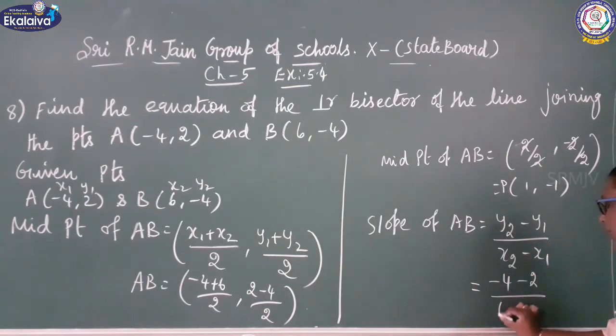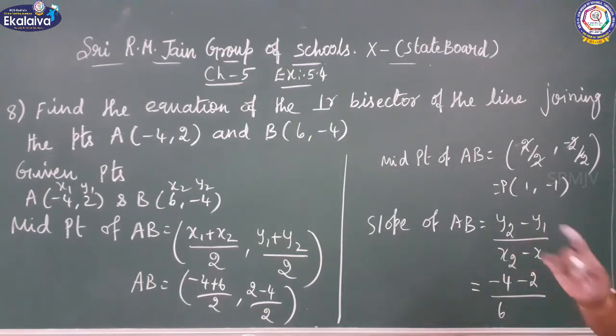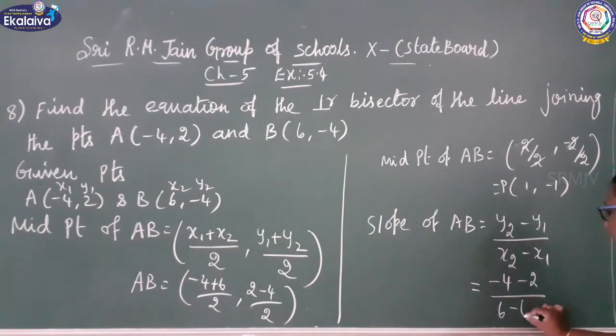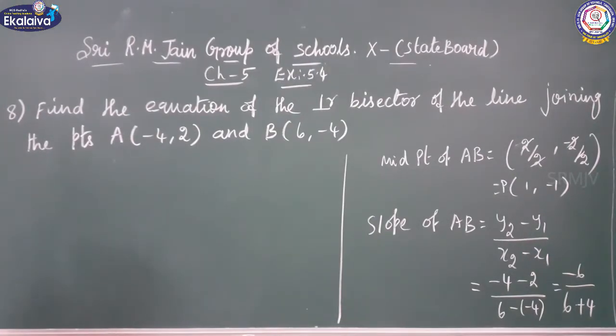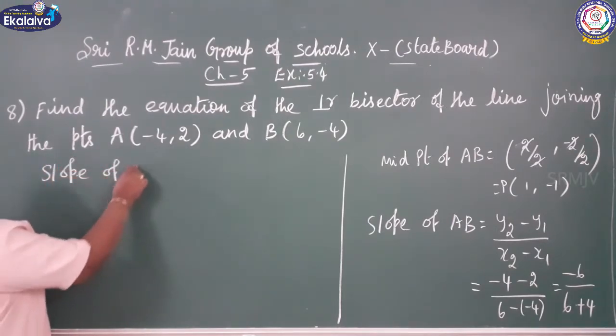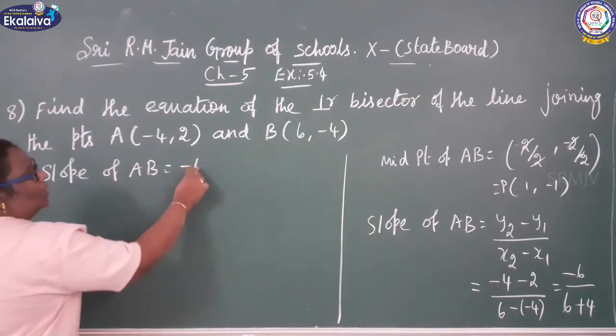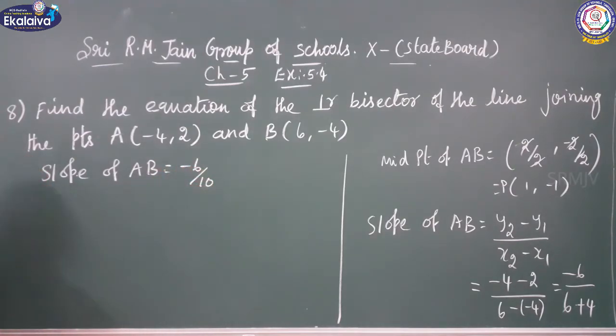Then x2 is 6, x1 is minus 4, minus of minus 4. So what is the value for this? Minus 6 by 6 plus 4. So slope of AB equals minus 6 by 10.